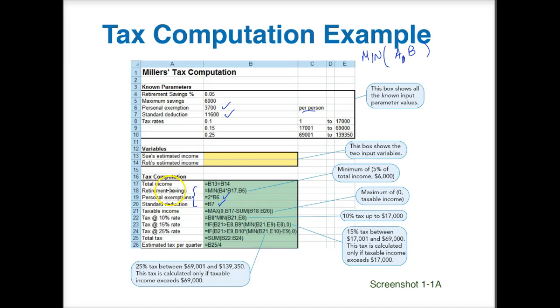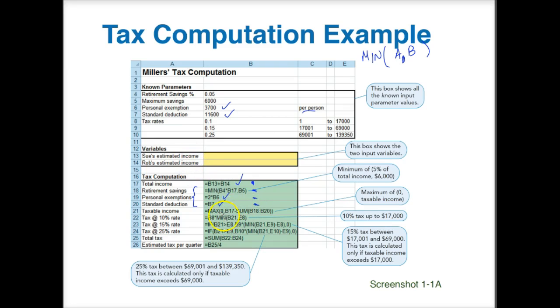And so when we take our retirement savings, our personal exemptions, and our standard deductions, we want to add all of that because those are the things that we're going to write off or take away from our income here, which is at B17. So basically we're trying to take what's here and subtract from it retirement savings, personal exemptions, and standard deductions.